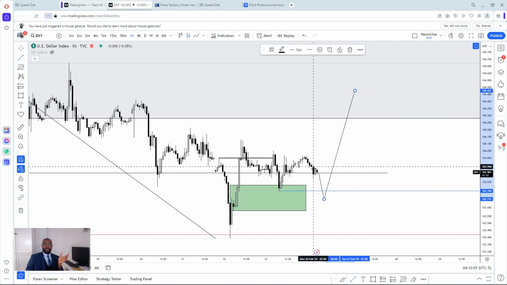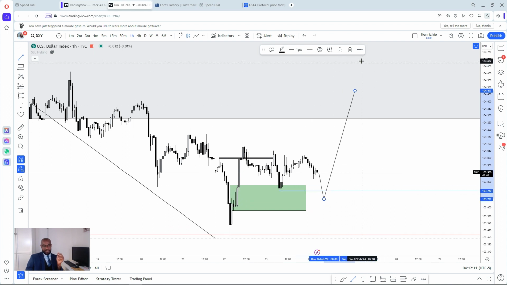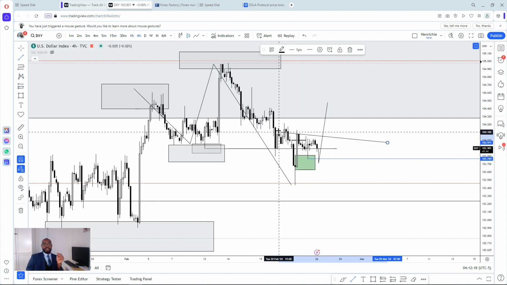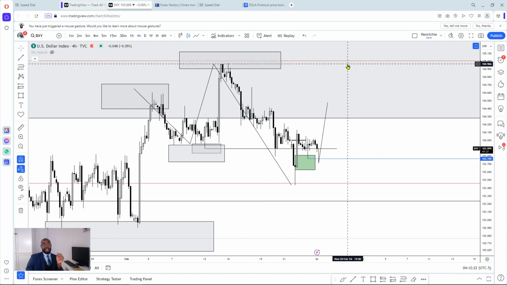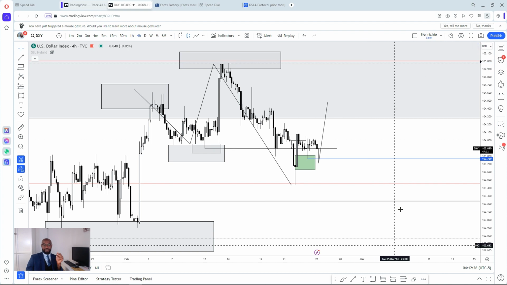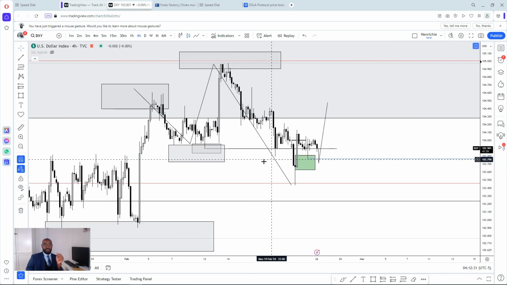So I will anticipate to see a run on liquidity before an expansion if we'll go to the upside. So this means that if I'm anticipating to see a run on liquidity to run sell side before the buy side, I'll also be anticipating a run on liquidity on euro to run a buy side before a sell side. I'm going to explain what that looks like on the chart as well.